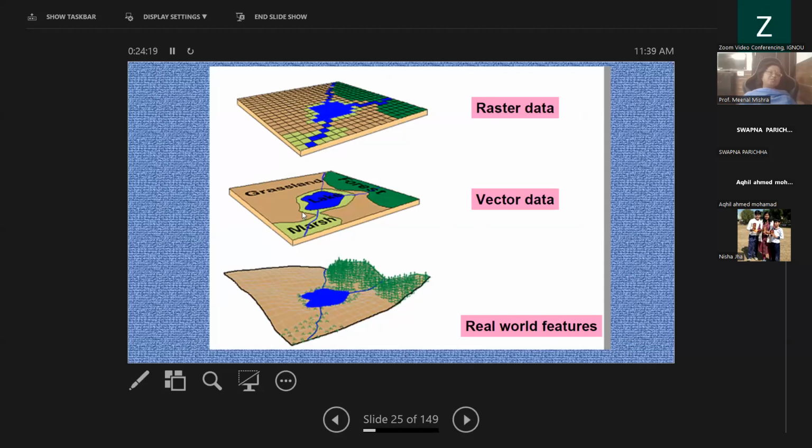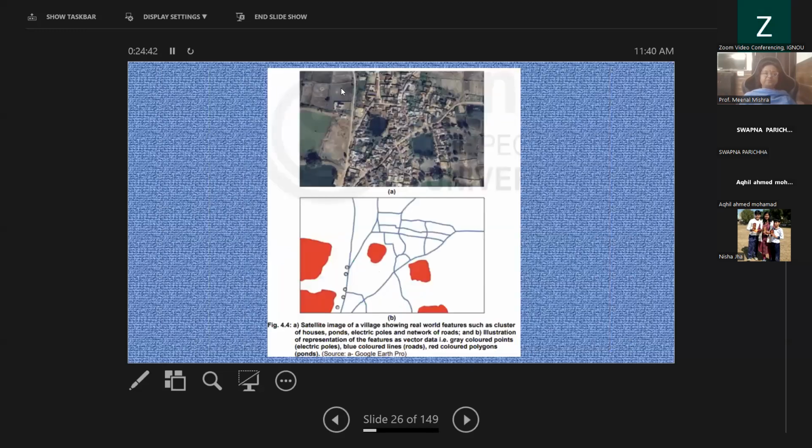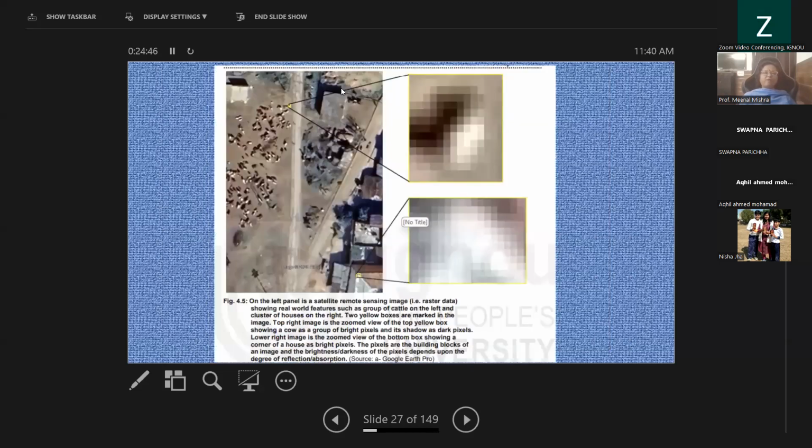And how do you represent them in vector data? Like this, by line, and then you have this polygon. Here your water body is represented in the form of polygon, and your marsh is represented like this, and forest is represented by a polygon. When it comes to raster data, these are the connecting grids. The same thing here, the same thing in the raster data in the form of grids.